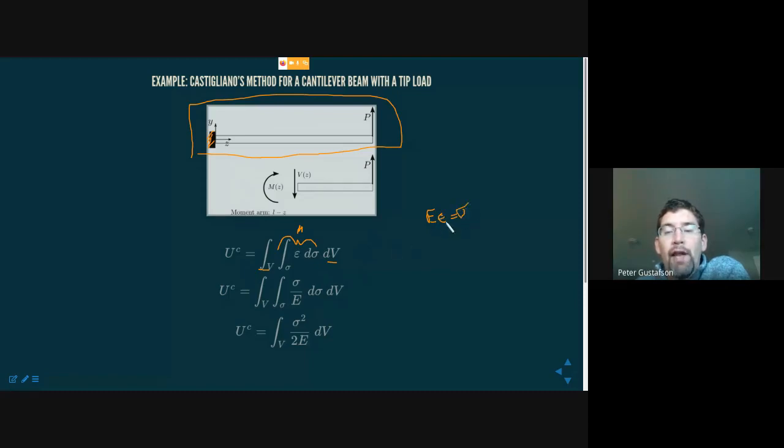So we can solve that equation for epsilon, and I've plugged this in. So we're integrating sigma over E d sigma, which obviously becomes sigma squared over 2E. And then you integrate that over the volume. So really the volume integral becomes an area integral and a length integral, so dA dz.